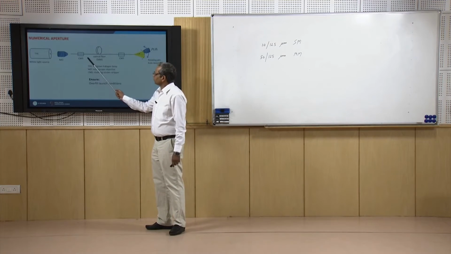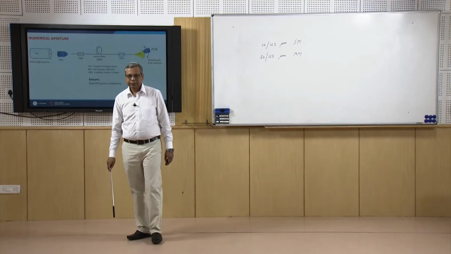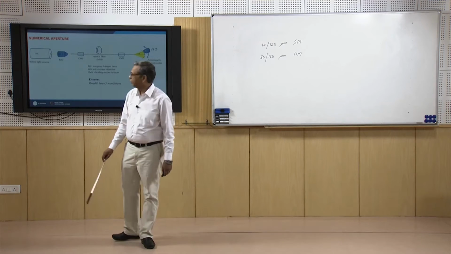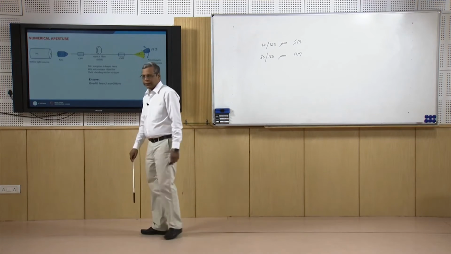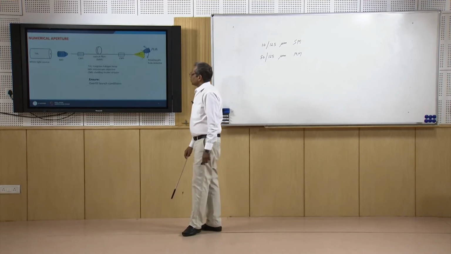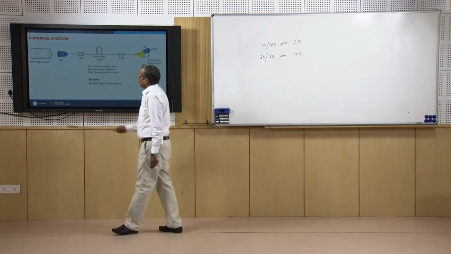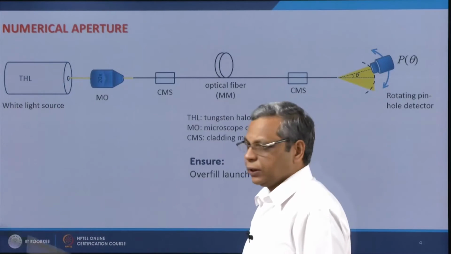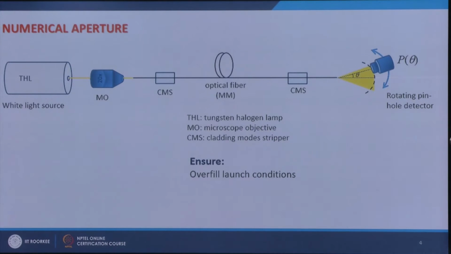You can use cladding mode strippers, which is nothing but putting an index matching liquid onto either the input end or output end, or at both the ends of the fiber, so that your cladding modes are stripped off. For white light source you can use a tungsten halogen lamp, which has a very broad spectrum.